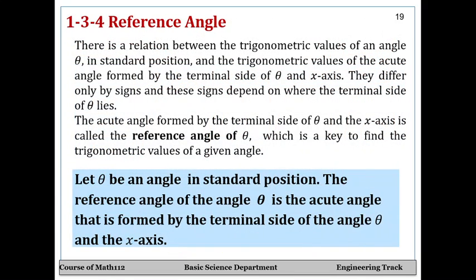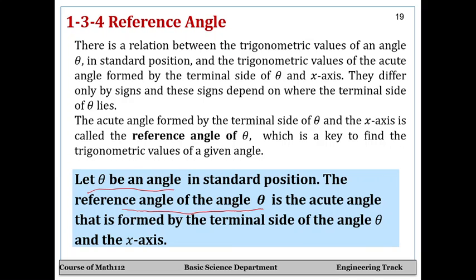Okay, another way of finding the trigonometric values of the angles that are more than 90 degrees, or the angles that are not acute angles, is to use the reference angle. Now the reference angle is an acute angle all the time, and we will talk about the reference angle of an angle.